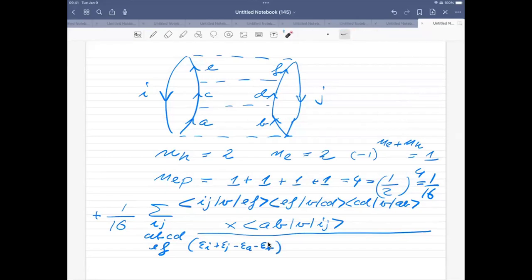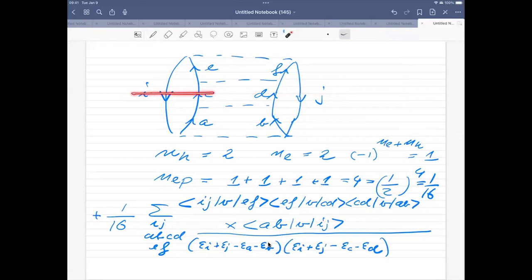Then I'm looking at the next term here. In this case, I have the same hole lines. So the hole lines just propagate through the whole diagram, which means that the two hole states are unchanged. Whereas what happens now is that the particle states can change from one term to the other one. So we end up with a new one, which is epsilon I plus epsilon J minus epsilon C minus epsilon D. So in every interaction vertex here, what we are doing is that we are propagating a two-particle, two-hole state, but where the two hole states stay unchanged.